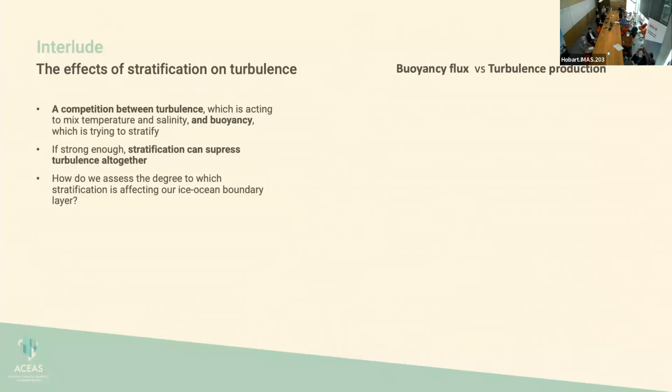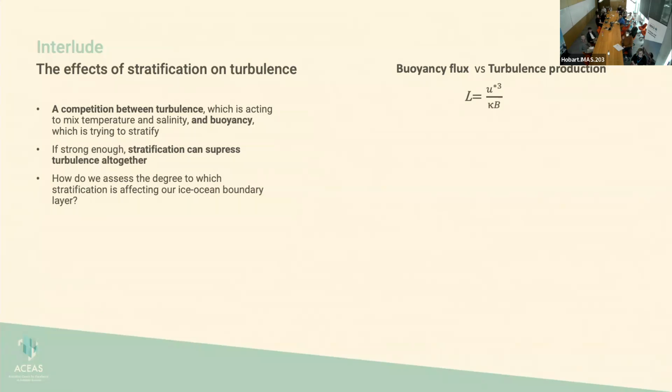In order to understand the degree to which stratification will affect our boundary layer, we're going to compare two different quantities. One's the buoyancy flux, the rate of buoyancy transport due to melting, and the other is the turbulence production. Our buoyancy flux is on the left, and our turbulence production for a boundary layer is on the right. We're going to rearrange these two so we can have a length scale.